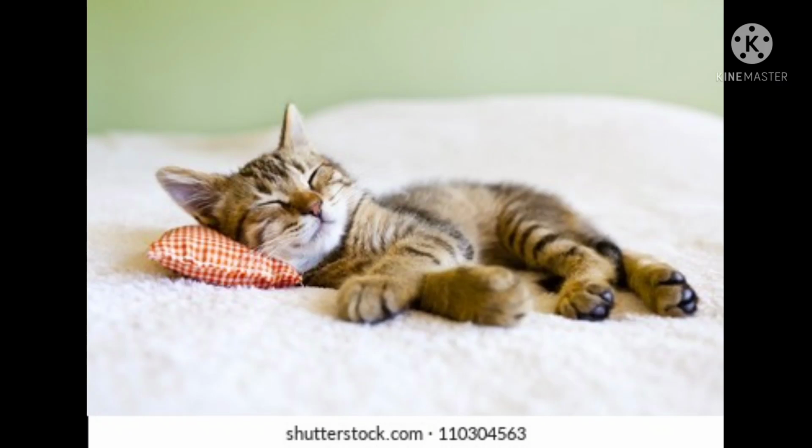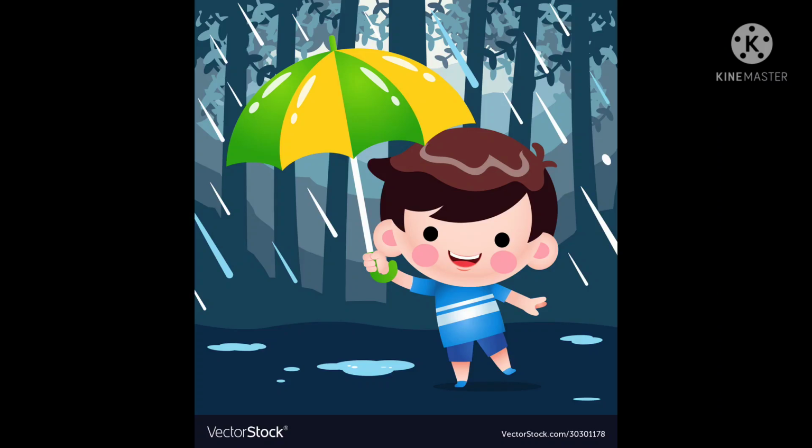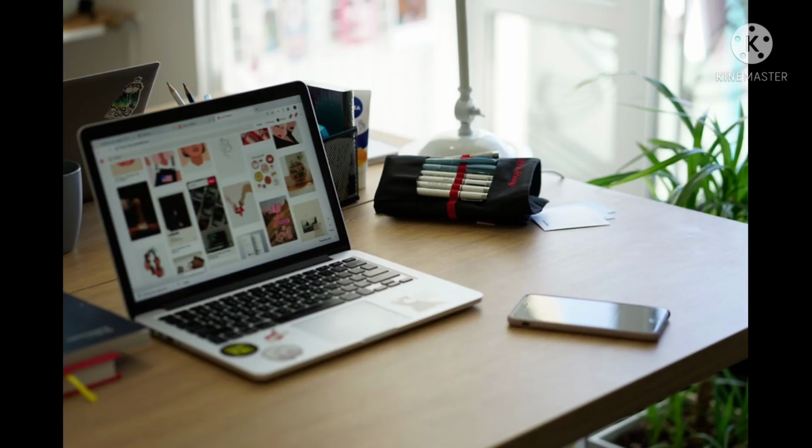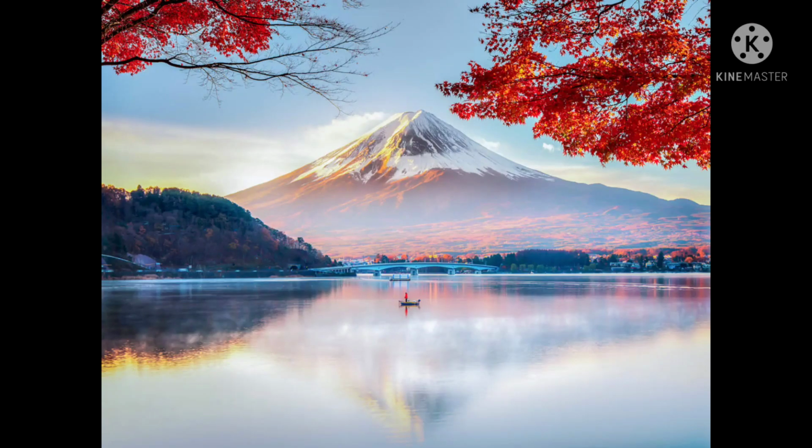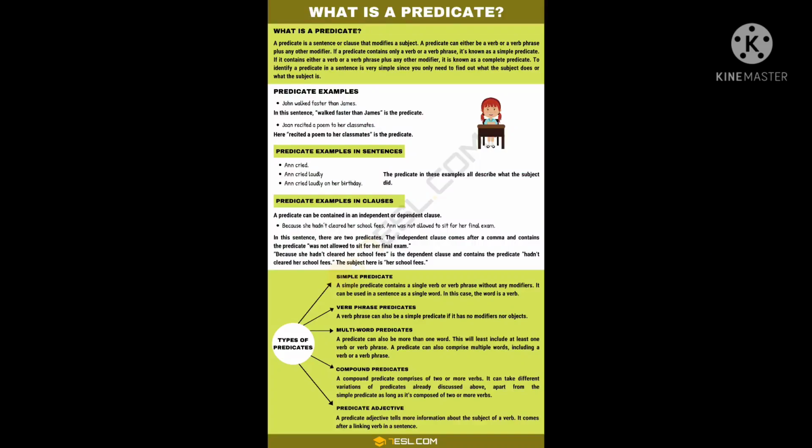Most of the time, the subject comes at the beginning of a sentence, in which case it is very easy to identify. Observe the slide: the subject indicates who or whom, the person who does the action. It can be anybody. The predicate signifies the action done. To make it clear, a sentence is nothing but the combination of subject and predicate. Predicate is the part of a sentence or a clause that tells what the subject is doing or what the subject is.